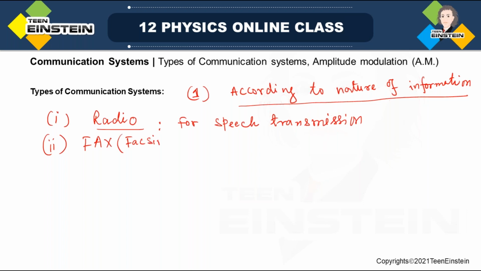Okay, let me tell you what is the exact full form of fax. It is actually, fax is facsimile, that's all. Facsimile.